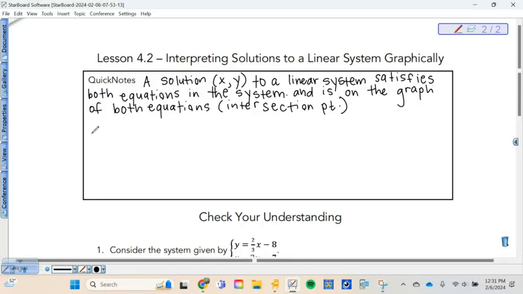However, a linear system at least can have one solution if the lines intersect, but it also could have 0 solutions or infinite solutions.